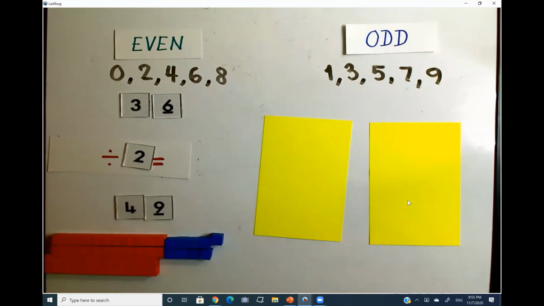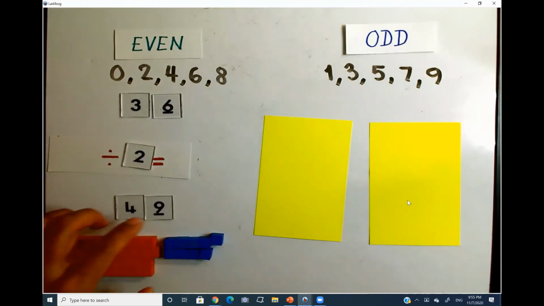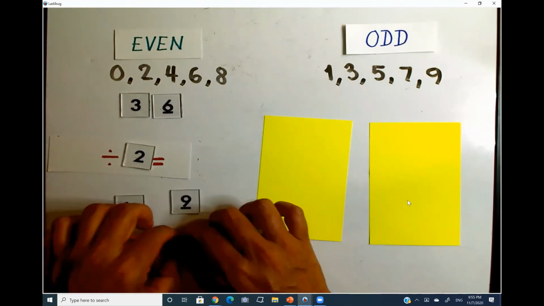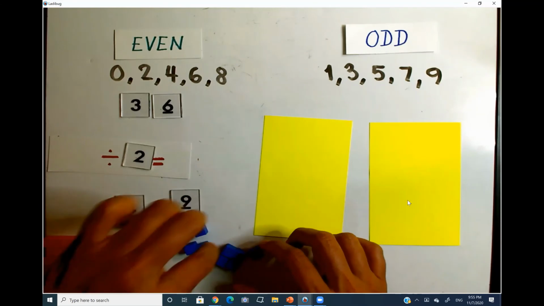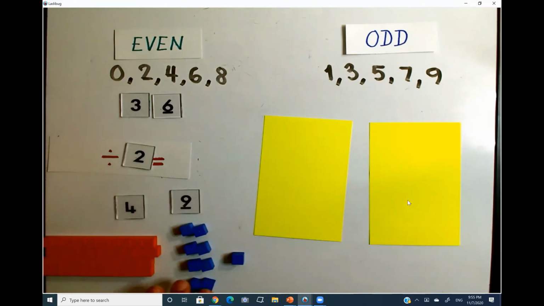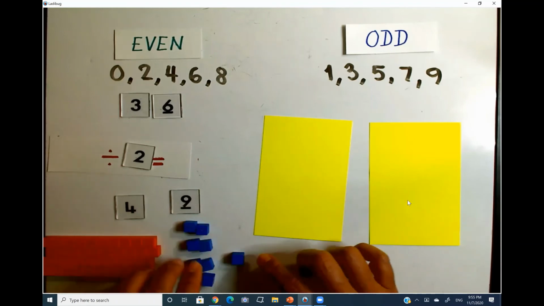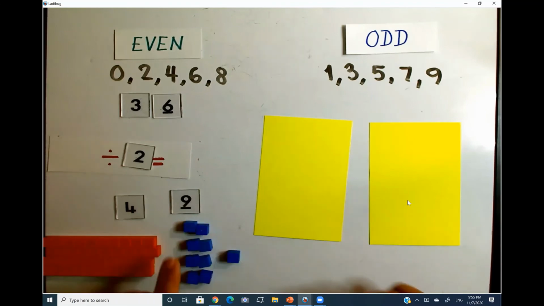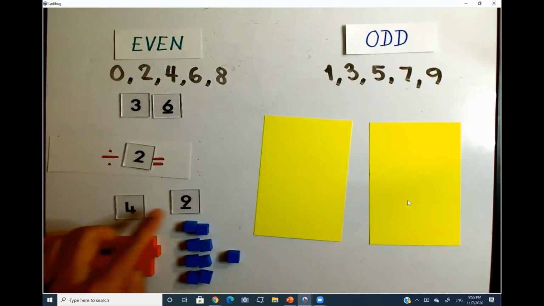Now remember, to see if it's odd or even, I'll focus only on the ones. And when I start doing the pairs, 2, 2, 2, and 2, I notice that there's one left alone. So I know now that this is an odd number. 49 is an odd number.